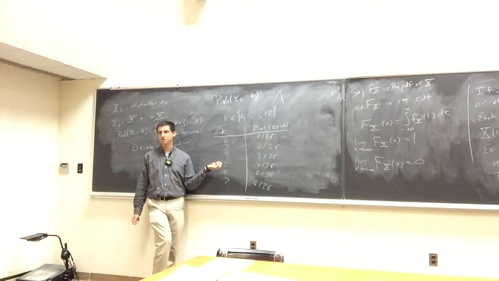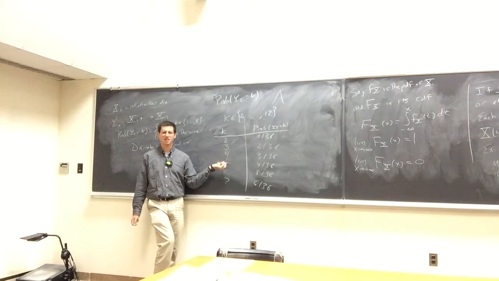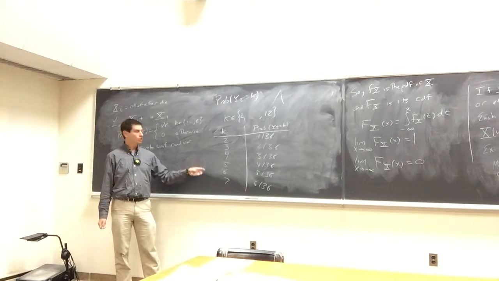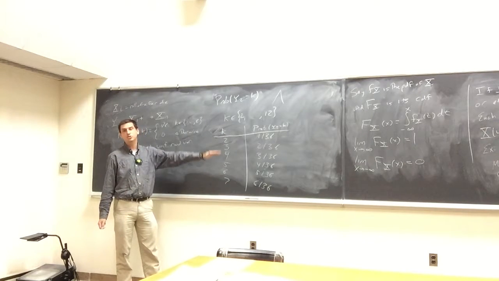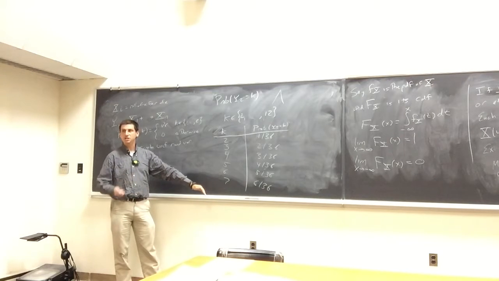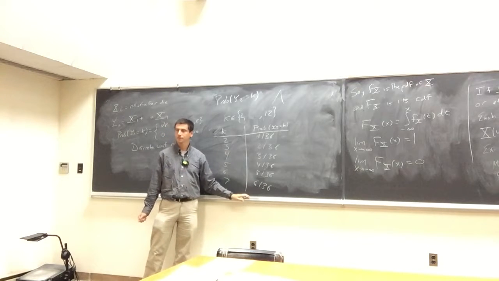What are the possibilities for the first die? 1 through 4. And then the second die is determined. There will always be a value of the second die that works. So if my number is less than 7, once I choose the value of the first die, there will always be a value of the second die that works. It'll be uniquely determined. And that's why I have 1 less.